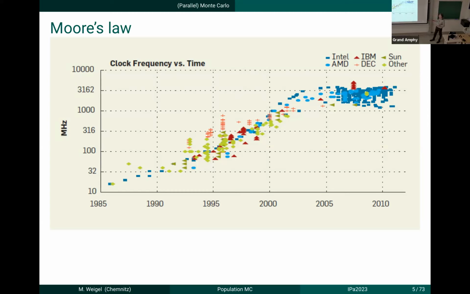But then this leveled off around 20 years ago, because the power dissipated grows like the square or even the cube of the clock frequency. If you go on, the power density becomes too large, you cannot take that heat out of your system easily anymore, and so it's not really practical to do that.